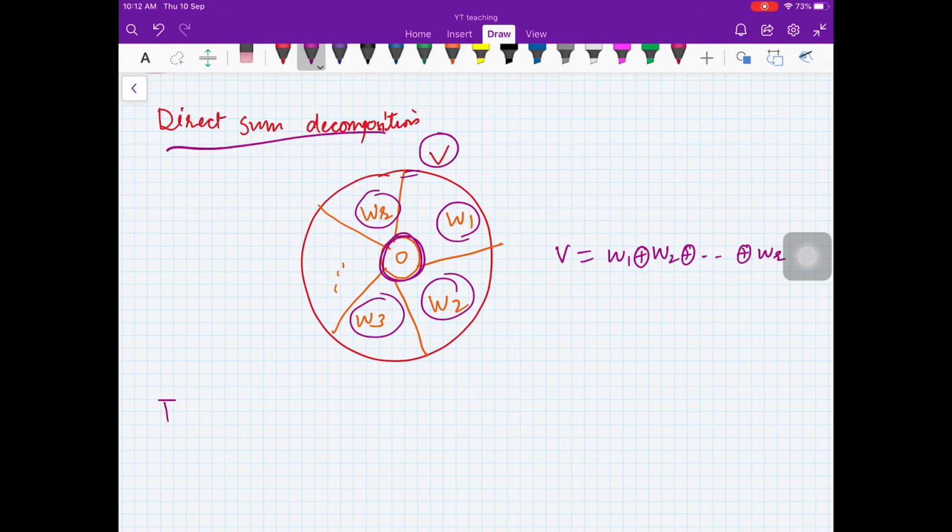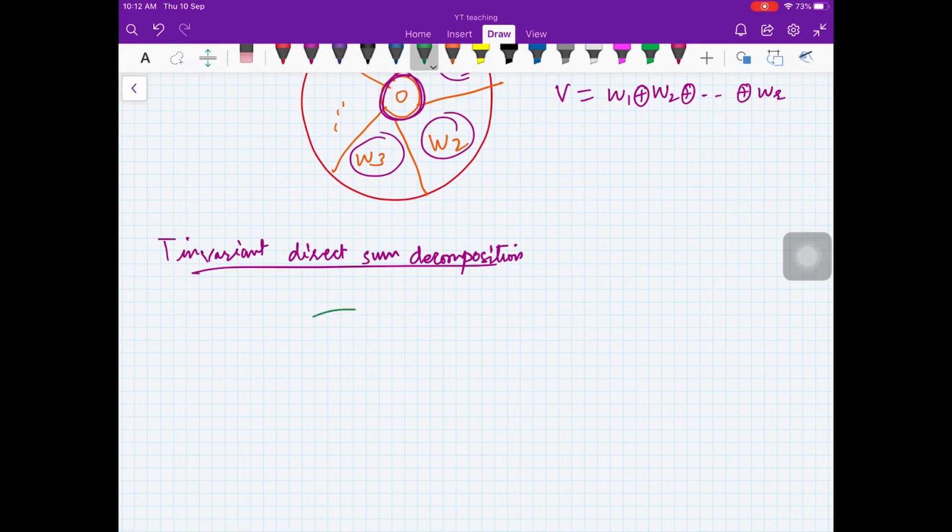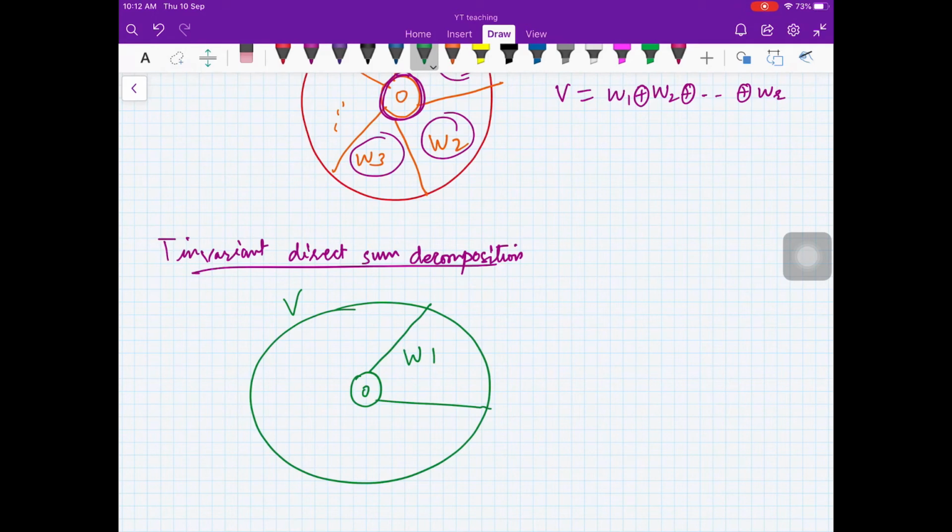Then the T invariant direct sum decomposition. This will look like, again, this is your V. Then you have 0 here common, then you have W1 here, W2 here, W3 here, and so on, WR here.